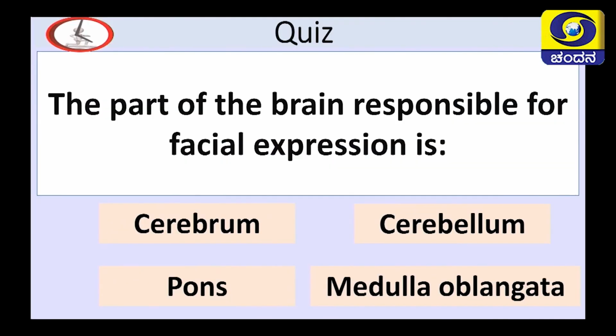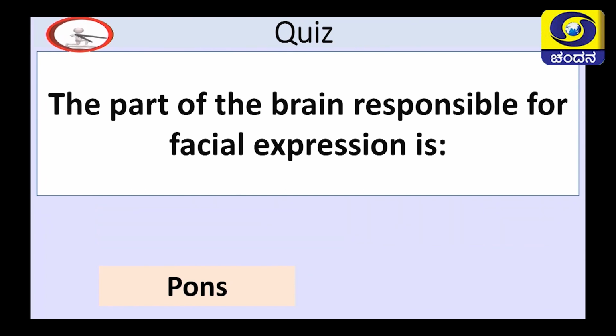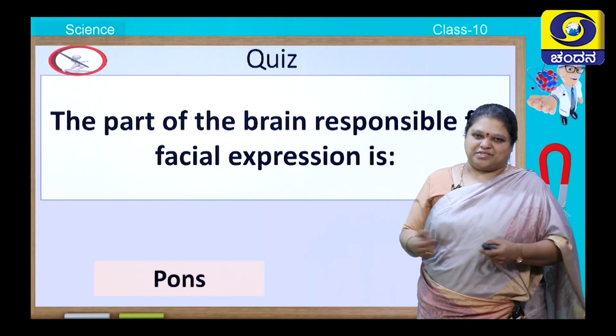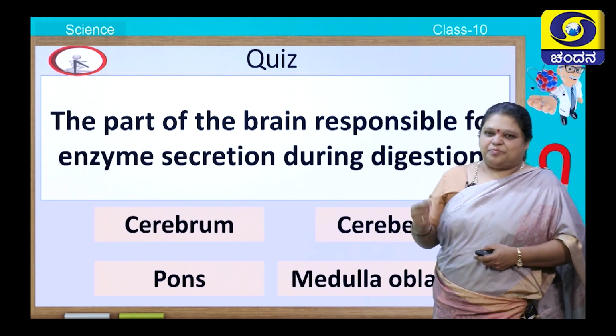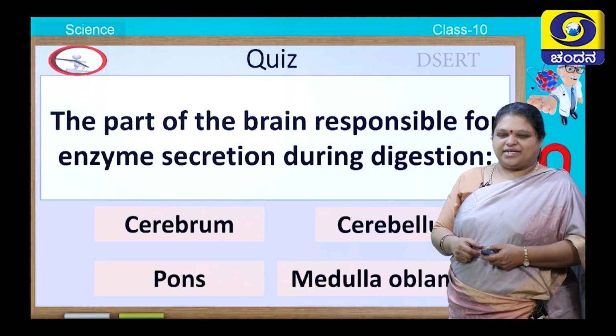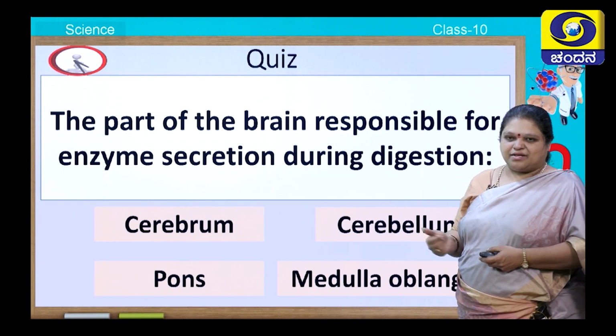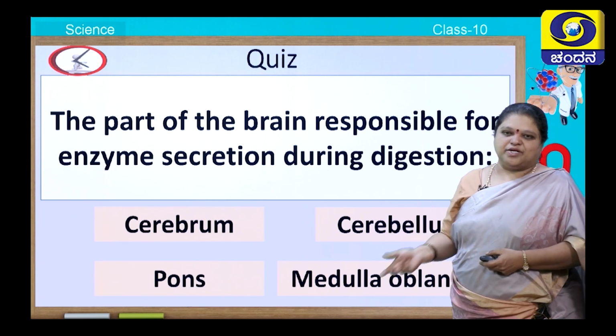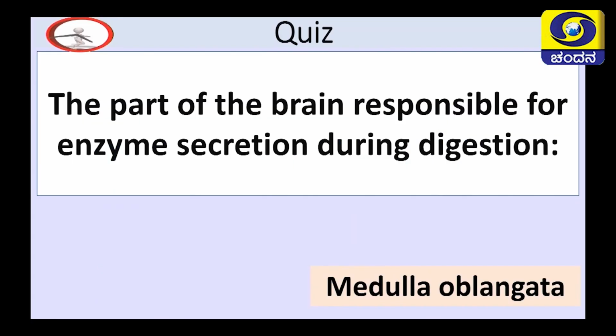Next, it is quiz time. The part of the brain responsible for facial expression is cerebrum, cerebellum, pons, medulla oblongata. Correct answer is pons. Next one, the part of the brain responsible for enzyme secretion during digestion: cerebrum, cerebellum, pons, medulla oblongata. Correct answer is medulla oblongata.